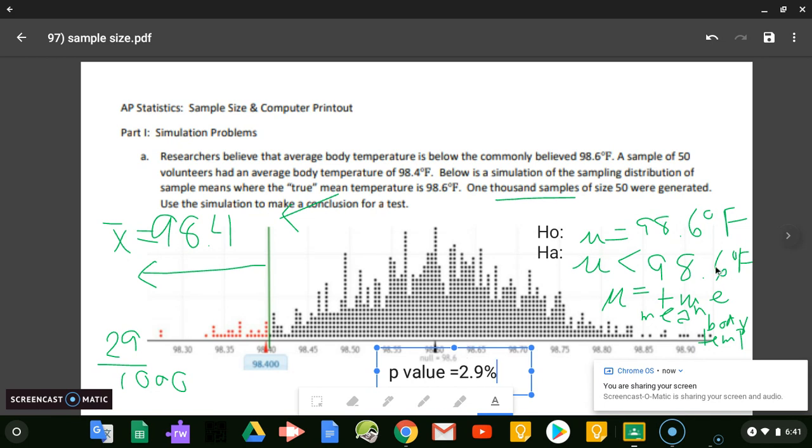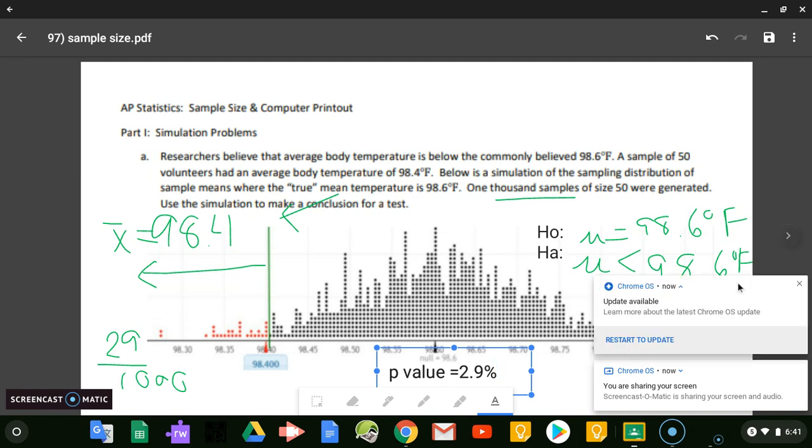I have evidence that the true mean body temperature is less than 98.6 degrees Fahrenheit. The example below this is something similar, and I'd like you to try that as a practice problem. Okay, I want to get to the next type.